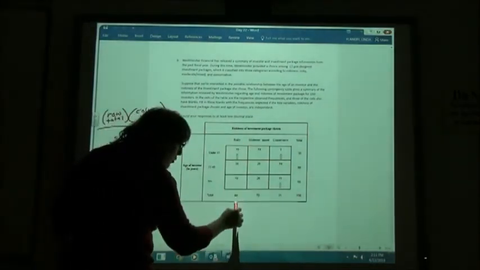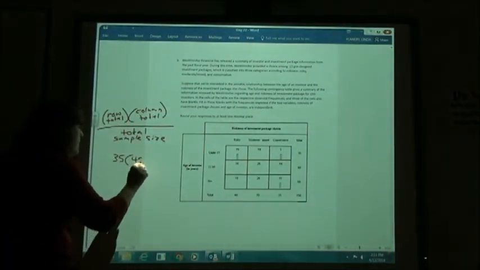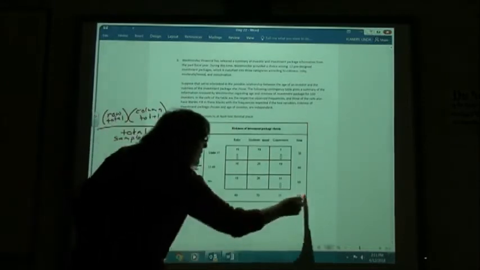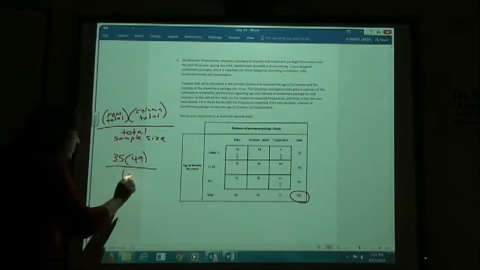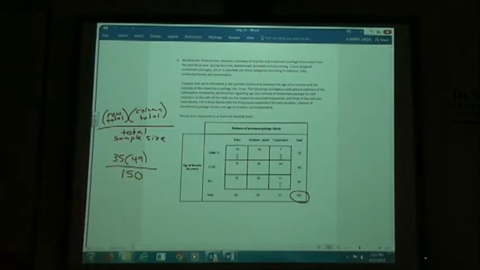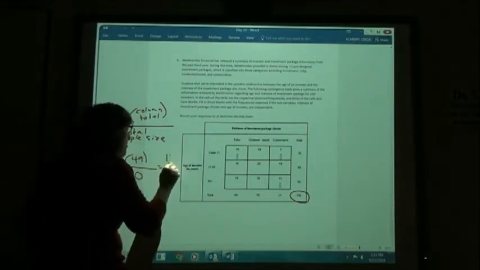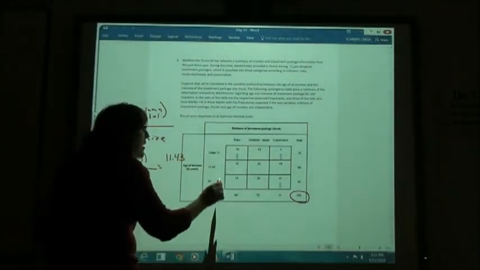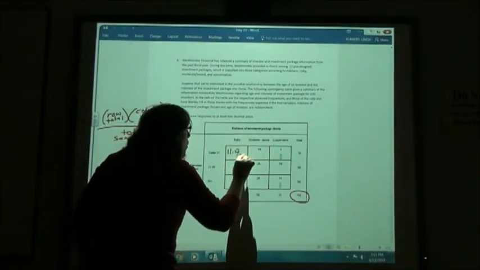My column total, 49. And the total sample size, 150 investors were surveyed, right? 150. So if we do 35 times our 49 divided by 150 on our calculator, we should come up with 11.43.